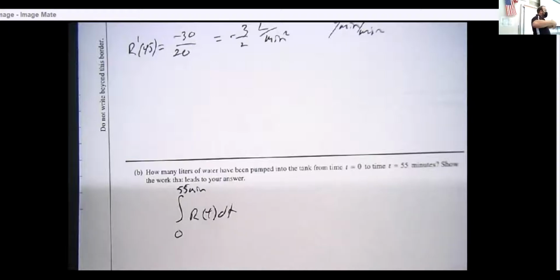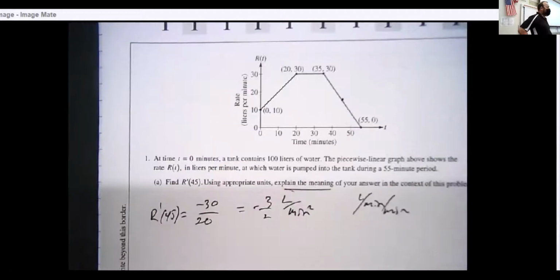Unfortunately, we don't have the equations, although I guess we could if we wanted to. What was the easier way to find that integral? Just geometry. Let's just find all the areas.